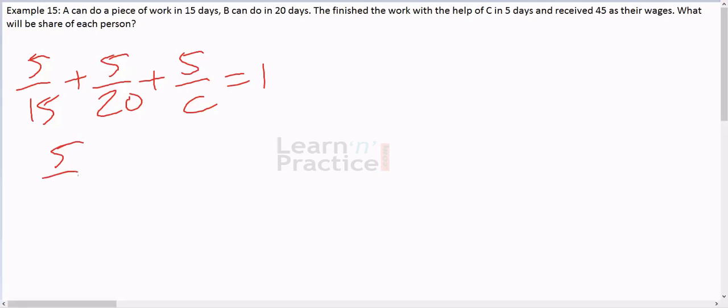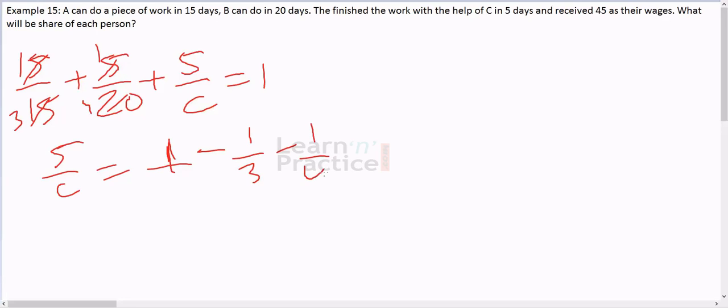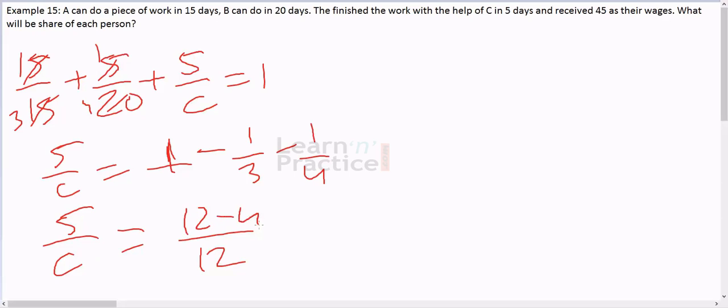So this is equal to 1 minus, this will be 1 by 3, this will be 1 by 4. So 5 by C will give you, LCM would be 12. This will give you 12 minus 4 minus 3, which gives 5 by 12. This 5 will cancel out. So C's efficiency is 1 by 12.